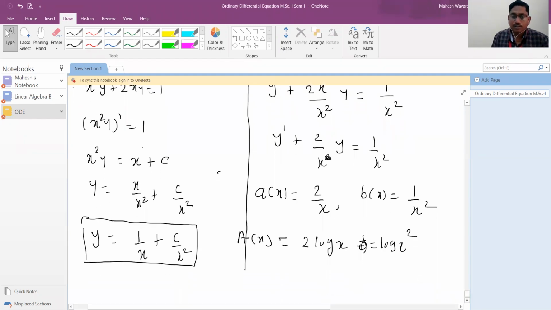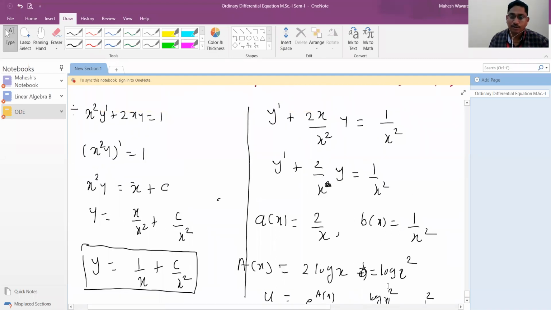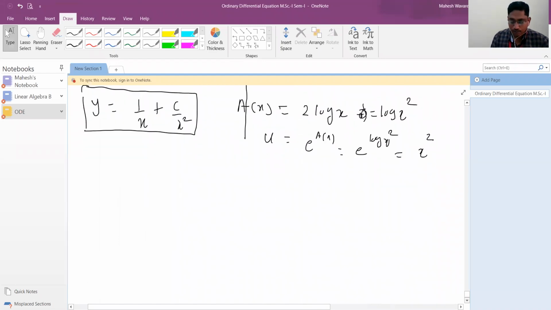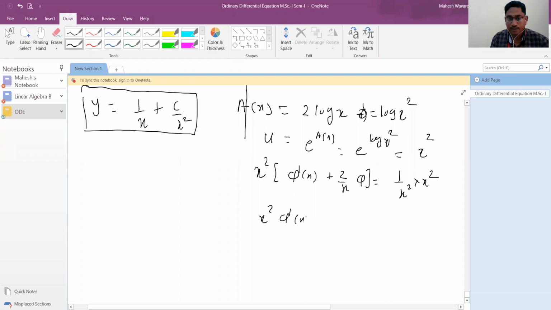We are using our regular method here. This is another method, because the equation is directly exact. So you need to multiply it by e to the power A of x, that is e to the power log of x square. e to the power log will be x square directly. So you are just multiplying x square on both sides. So for any solution phi, your equation becomes x square phi dash of x plus 2x into phi is equal to 1 by x square multiplied by x square. So this becomes x square phi dash x plus 2x phi is equal to 1.